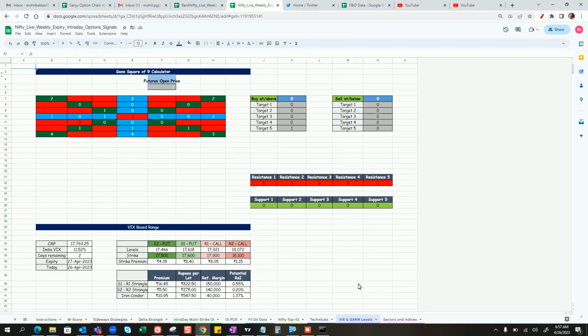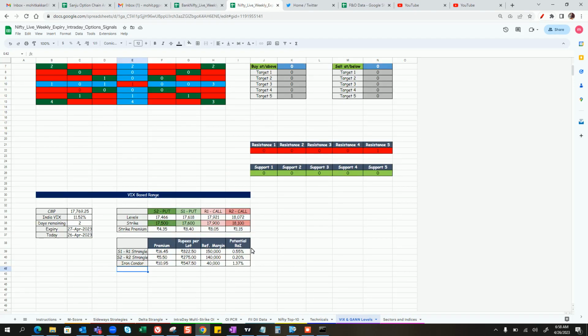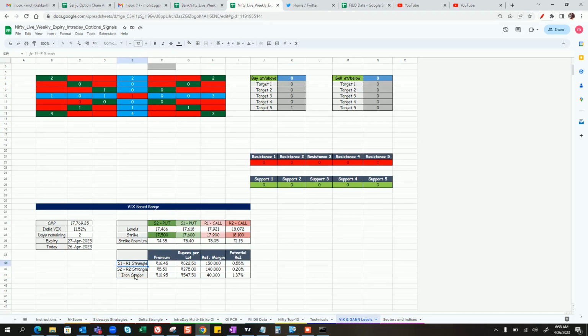Then we have VIX and GANN levels. Right now the open price is not there, but as the market opens, it'll be updated. And these are VIX based ranges: S1, S2, R1, R2, support and resistance, and based upon that, how much is the premium, and if you do a certain strategy positionally, what sort of return you would be getting.